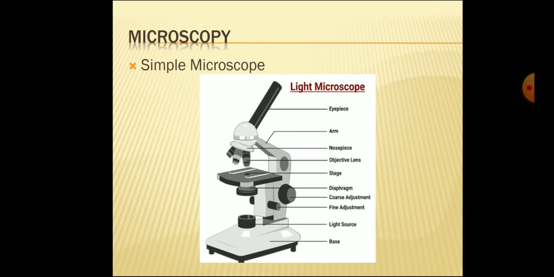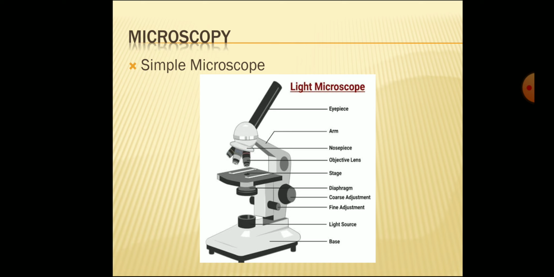So this is about the simple microscope, in which above the base a light source is present, which collects the light from the sun rays or from a local light or from a bright background, and by the help of the diaphragm, the adjustment of the light takes place.